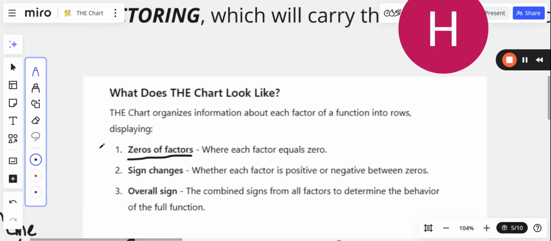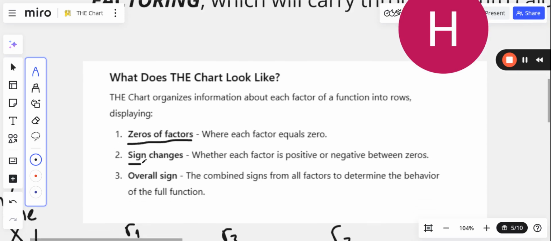Not only what you should expect to see if you're looking at a chart, but you're going to need to be able to create a chart. We're going to identify where the sign changes occur, like where it becomes positive, negative, positive, that kind of thing. And then we're going to take a look at the overall sign, which is going to be contained at the bottom of the chart, and it's going to take into consideration all of the factors.